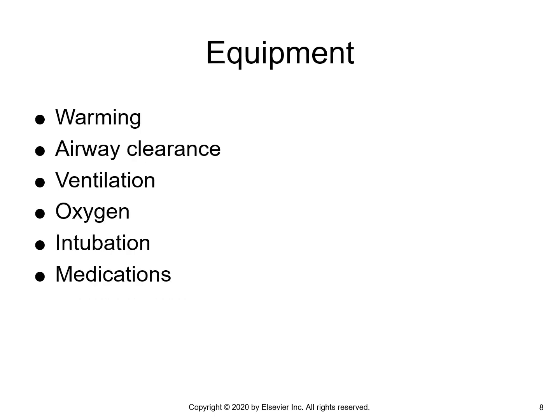The book has an outline of equipment and supplies you would want to have at a delivery, but we're going to go over just the general ideas. The first thing you want to do is be able to provide warmth for the baby. This generally comes from a radiant warmer. You also want to be able to clear the airway. You want to be able to provide ventilation and oxygen.